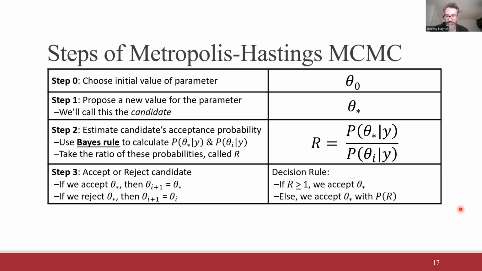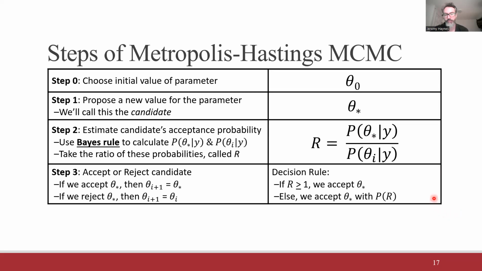And our decision rule for accepting or rejecting the candidate is if the ratio is greater than 1, then we accept the candidate automatically. If we do not accept the candidate, then we actually treat that ratio as a probability of accepting the candidate. So let's talk about this just very briefly.